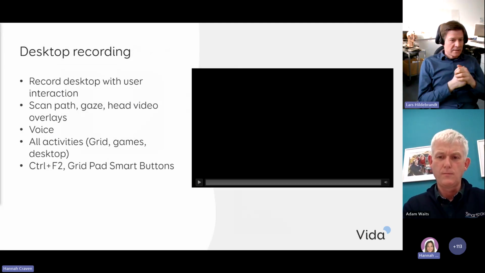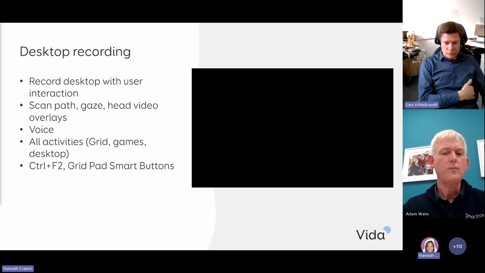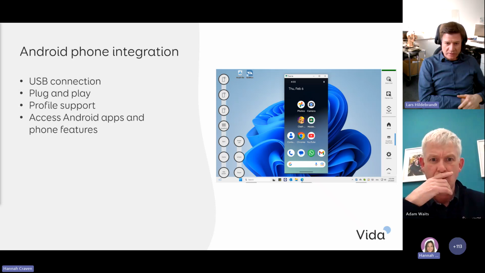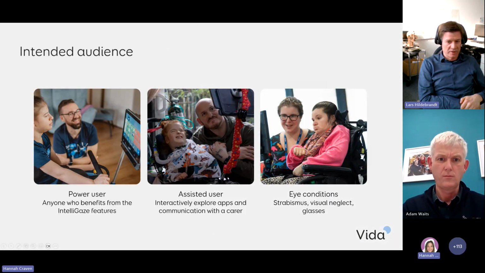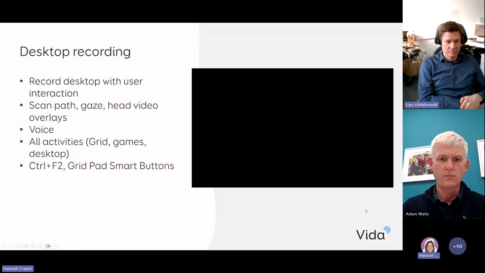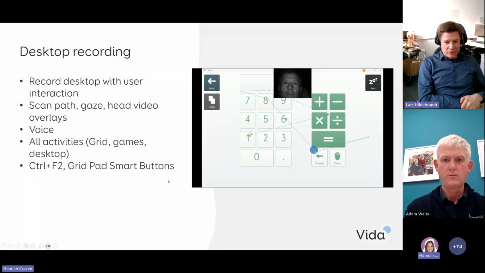We also have the desktop recording. I mentioned it once. If you press the play button, you might be familiar with something like this. If you go back to the previous slide and start the video, yes, this one, then you see this is Grid, and what you get here is the voice of the caretaker and the overlay and the reaction of the user.